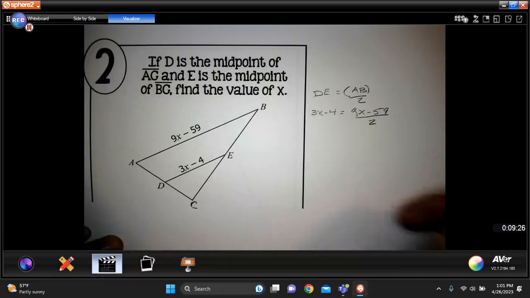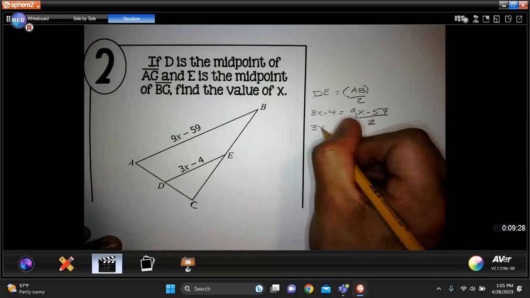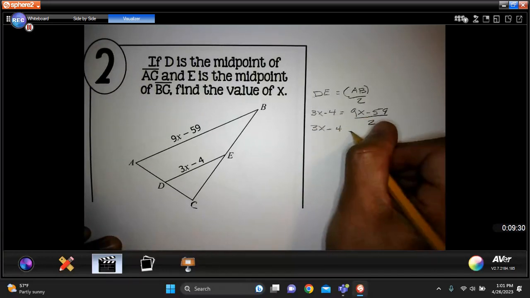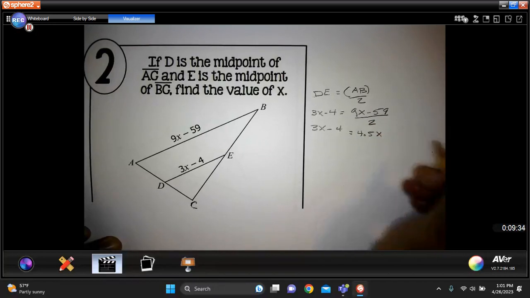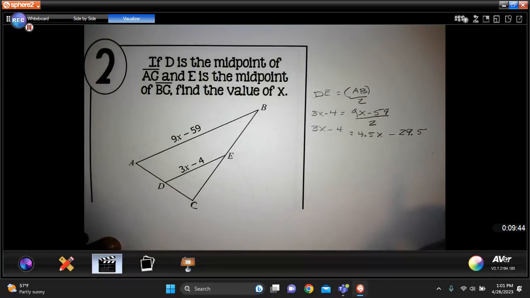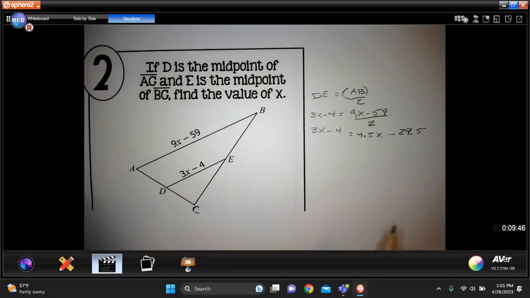Okay, and again we get 3x minus 4 equals 4.5x, when you divide 9 by 2. And then if you divide 59 by 2, you're going to have 29.5. Same idea as what we did before.